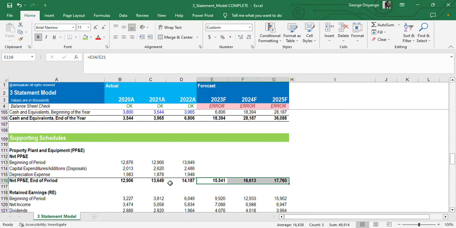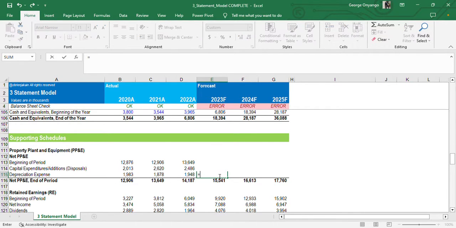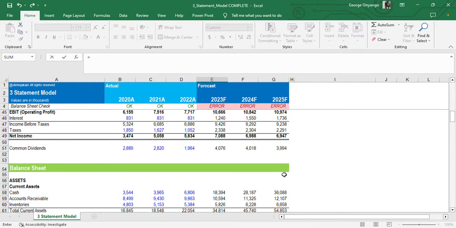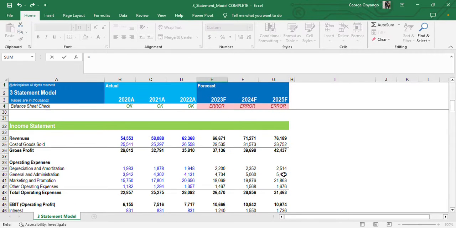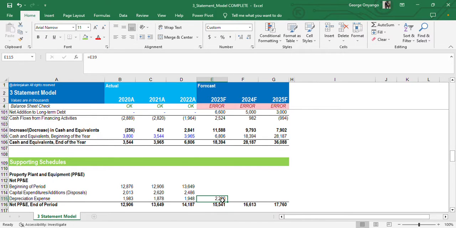Then there we go. Then the depreciation expenses, this one was already given. We can take that from the income statement, and we just fill that right, and we get that value. Then the property, plant and equipment at the beginning of the period, just as before, that one is the same as the property at the end of the period. So that is equal to that.